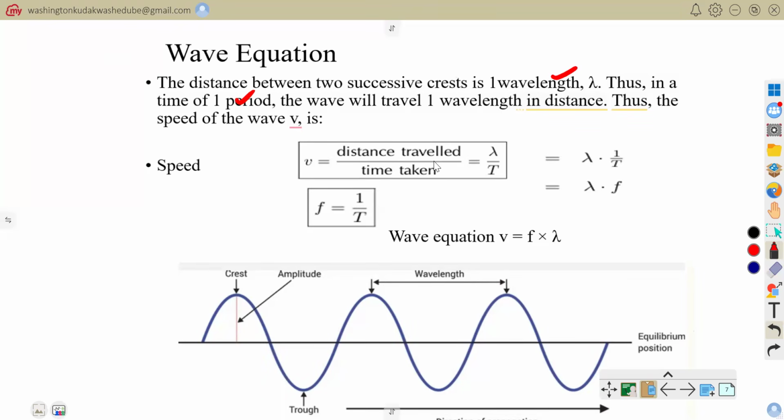Now, we also know that our frequency can be given by 1 over the time period. Look at this wave equation that we have written, where the speed is given by the wavelength over the time period. If I factor out my wavelength, I will be left with 1 over T, and we said 1 over T becomes our frequency.